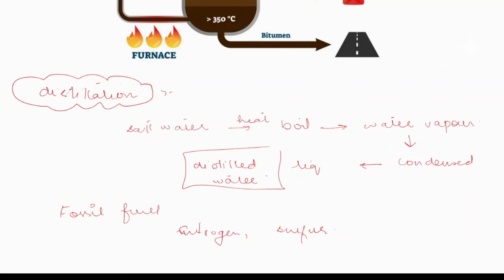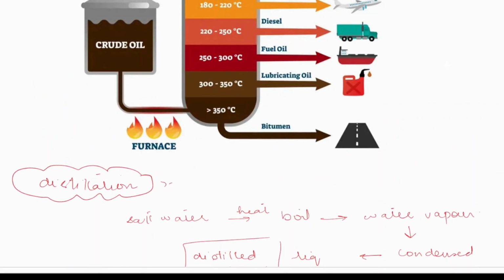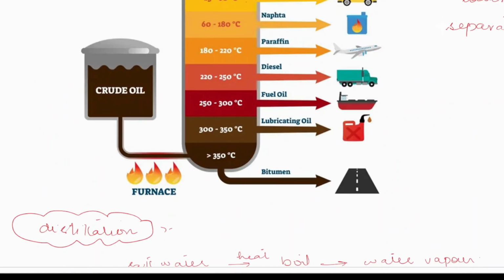So since these are longer chains, when we burn them, because these are crude oil products, they have different carbon numbers. When they have different carbon numbers, they can cause hindrance while burning.